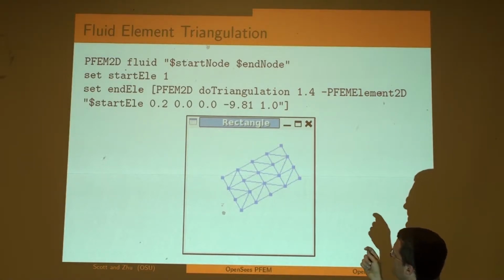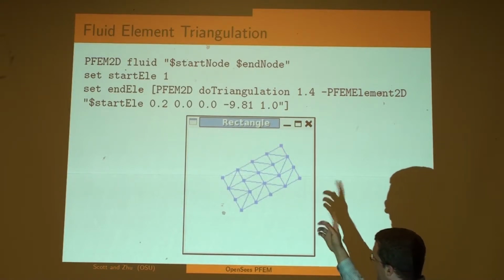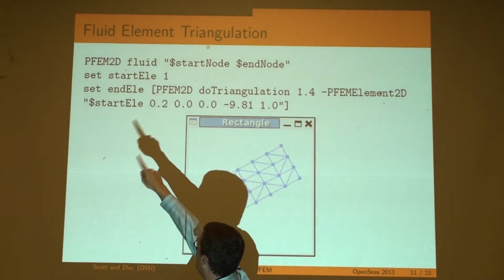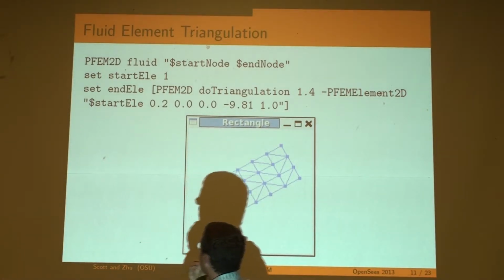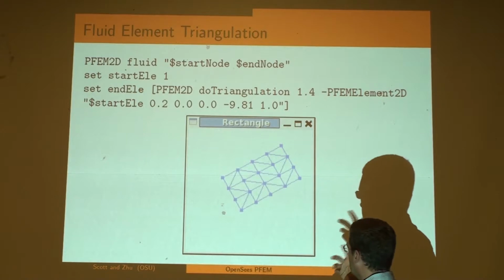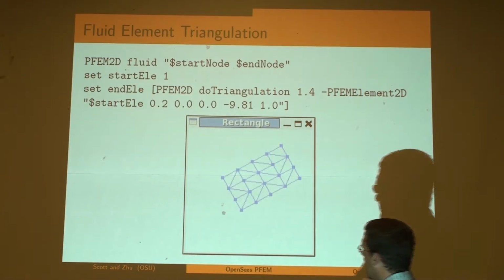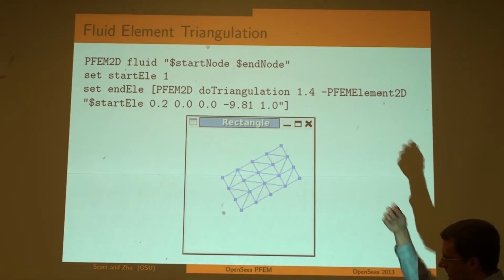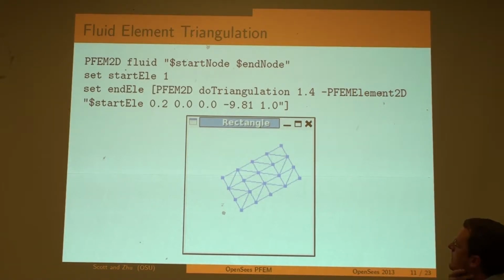Okay. But the command is shown here, where we have the starting element tag. You set it to 1, it returns the ending element tag, which I think looks like it creates 24 elements. Okay. Numbers sequentially from what you supply to what the last element is. And then the thickness, body forces, viscosity, and the other element arguments. So we end up with something like this.